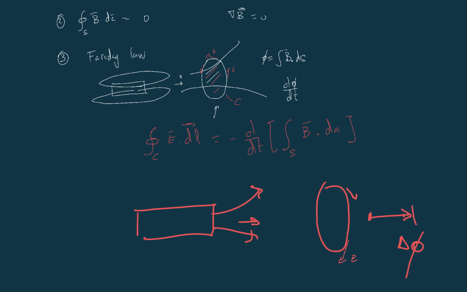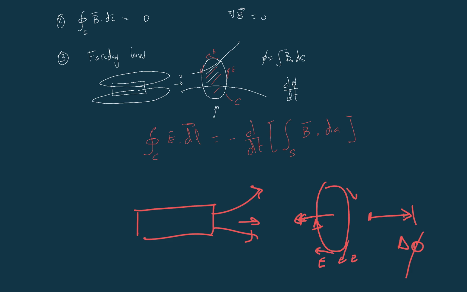that E scalar dl will oppose it. If you use your right hand to make it easy to understand, for E scalar dl you take your fingers over the loop and your thumb will point in this direction. So this is the correct direction in which you induce the electrical field.